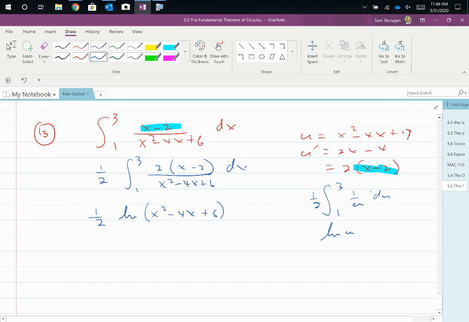Sorry, I forgot to mention, let me just give you back the integral here. The integral of 1 over u du is equal to u prime over u du.